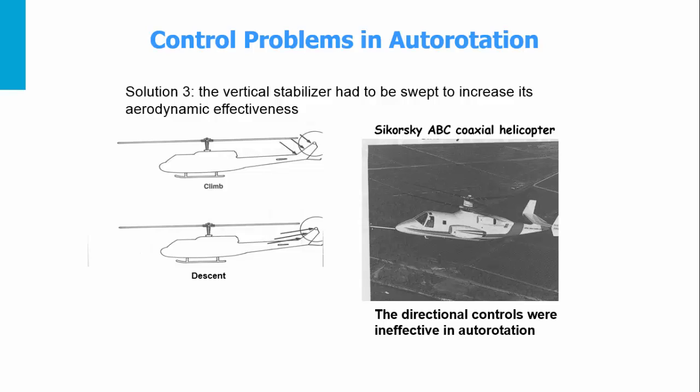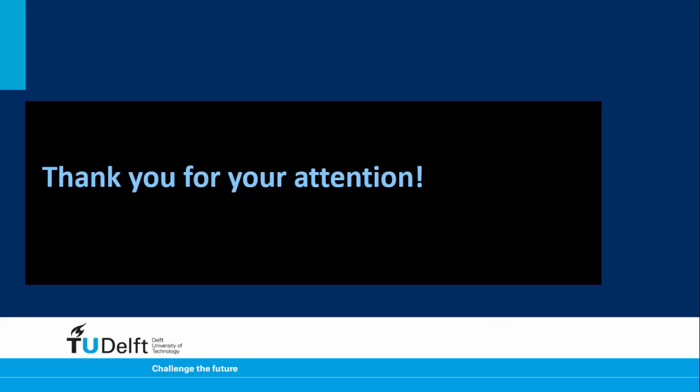Coaxial rotors also have a problem because they may experience control reversal in autorotation when one is applying the so-called differential collective, where the two rotors are put in rotation. And this concludes the course on autorotation.